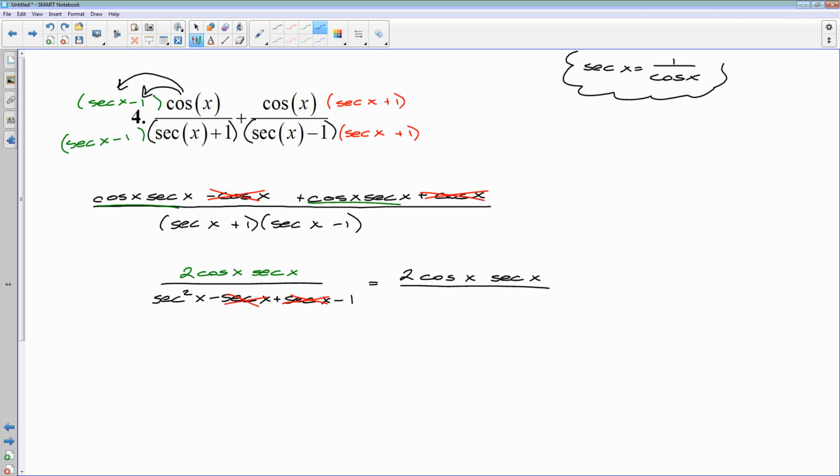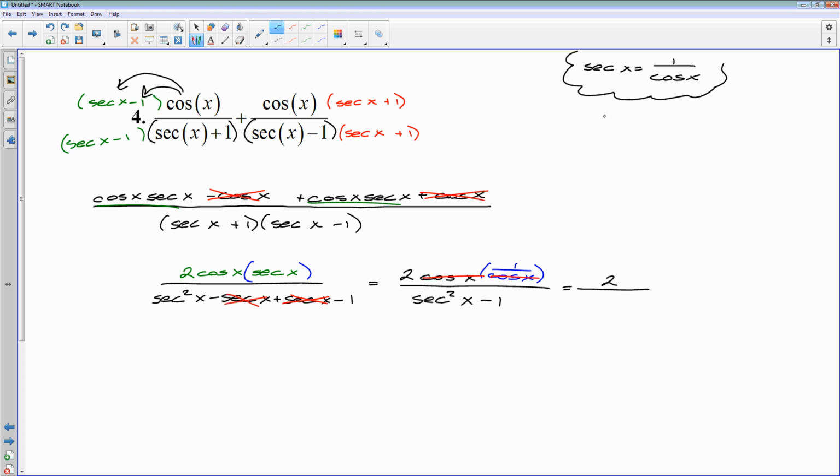I'm going to take out this secant x, and instead of writing secant x, I'm going to change it to 1 over cosine x. That's going to be very helpful because cosine times 1 over cosine, those cosines cancel. On bottom, I'm left with just secant squared minus 1. So on top, the cosine and 1 over cosine canceled to leave me with just 2.